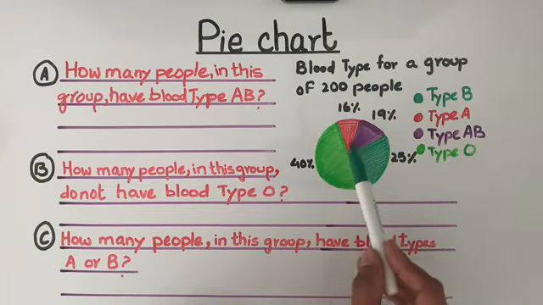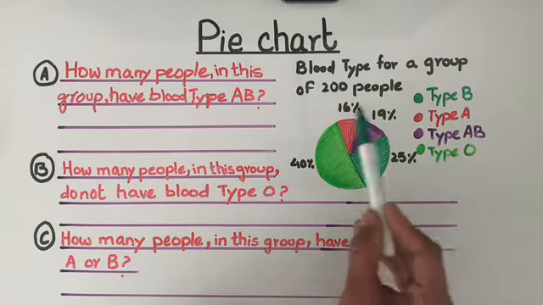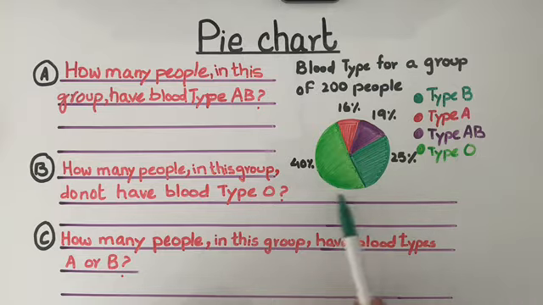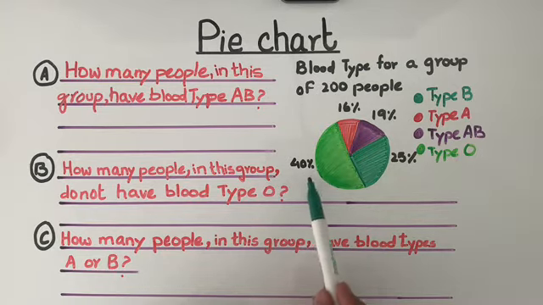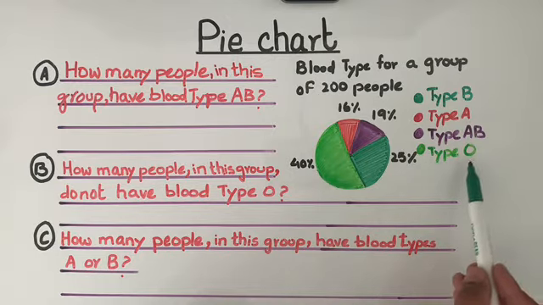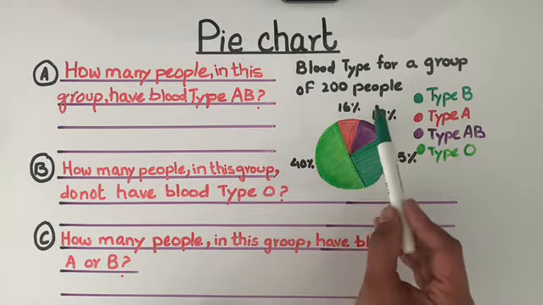And 16% people out of 200 people have blood type A. The biggest percentage in this pie chart is 40%. 40% people have blood type O out of 200 people.